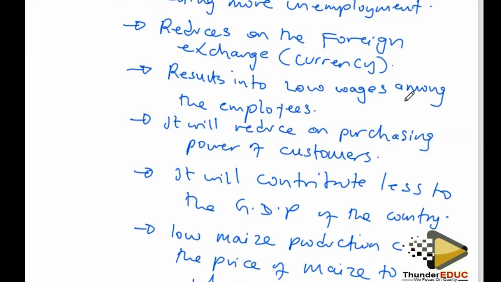So among other factors, because we know the higher the demand, also the higher the cost. So because of that, it will affect the economy of South Africa.